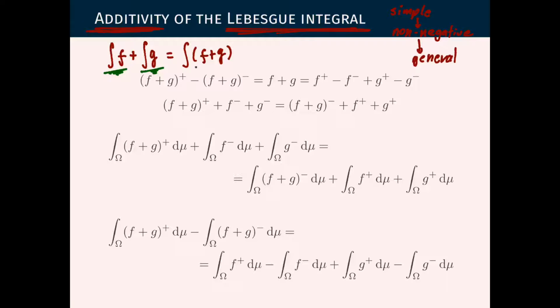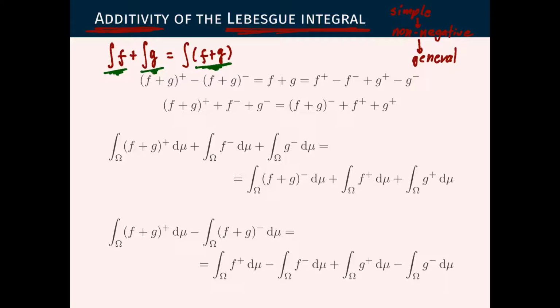And also assume that we can add these functions, which means either they are never plus infinity or minus infinity at the same time, or the set where this occurs has measure 0, and then on that set of measure 0, we can just redefine f and g to both have the same value, let's say 0. It will not change the value of any integral, it will just clear any problem in defining this sum here.